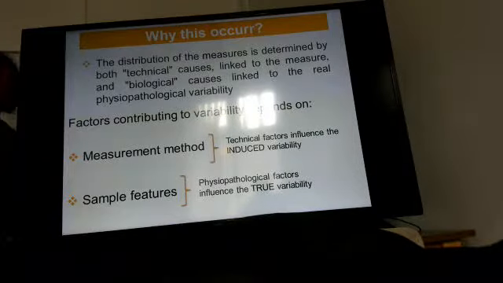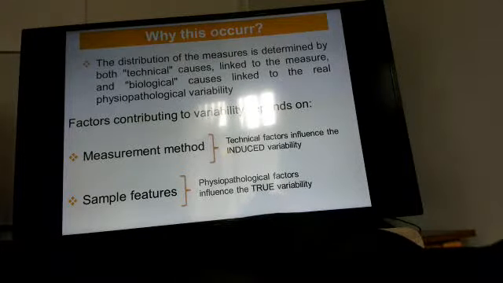Other factors are biological, and these are more difficult to be controlled because the technical factors can be standardized. So I know that the instrument has a quote of error, but this error will always be present. And so I can try to reduce and minimize this.